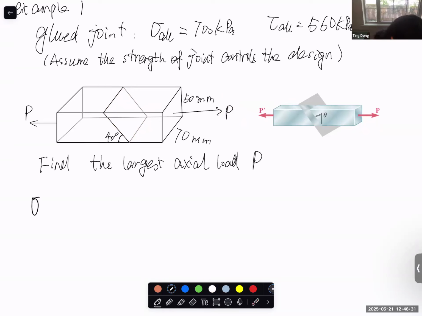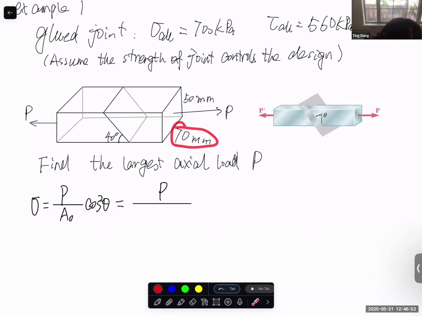So the actual normal stress in the structure should be the equation we just derived: P over A cosine theta squared. P is something we need to solve. The cross-section dimensions are given, 70 by 50 millimeter.